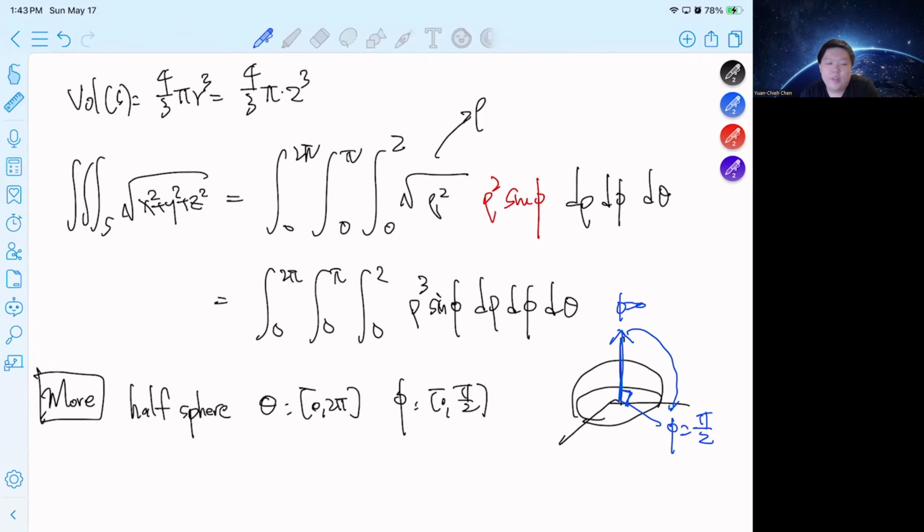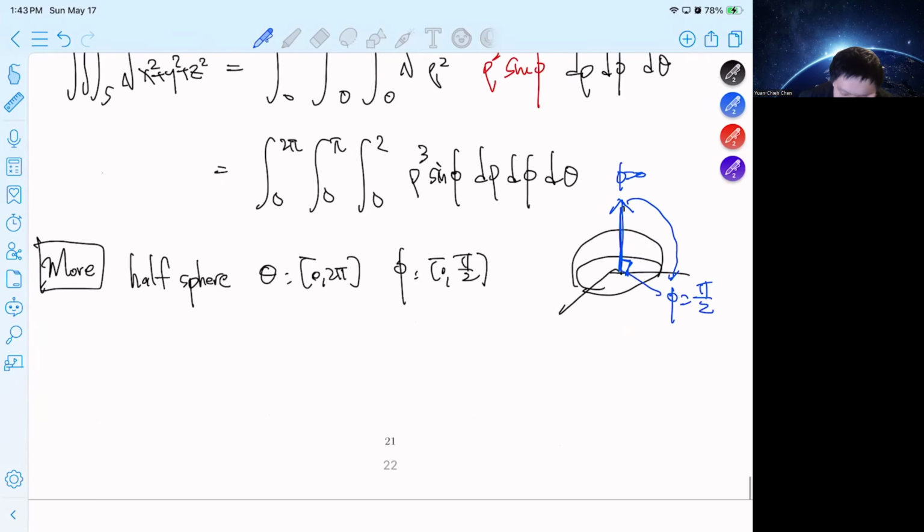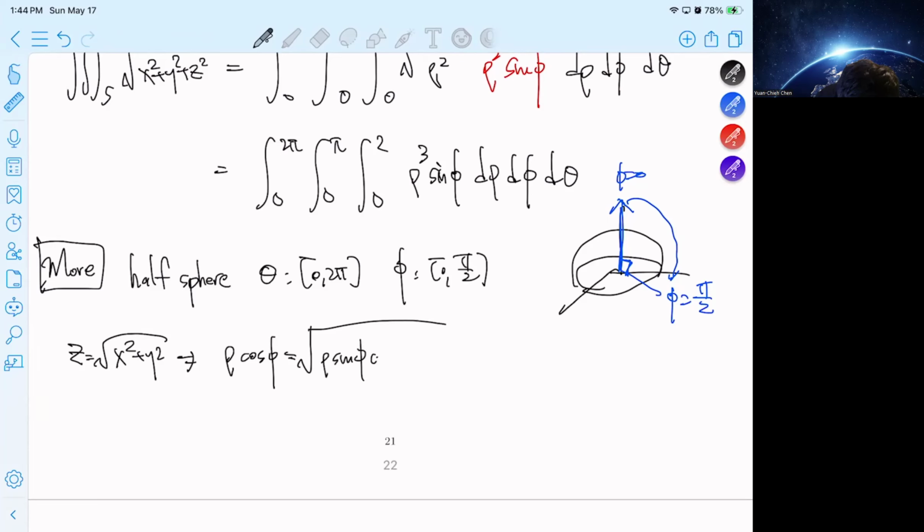And I think we've done something interesting before. For example, what if I have a cone? When you see z equals x squared plus y squared, if we use spherical coordinates, this will be rho cosine phi equals rho sine phi cosine theta, all squared, plus the y term.